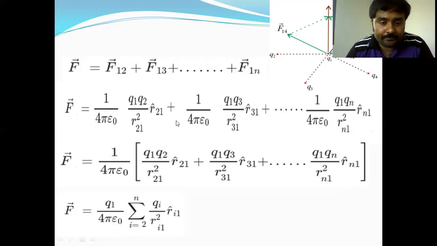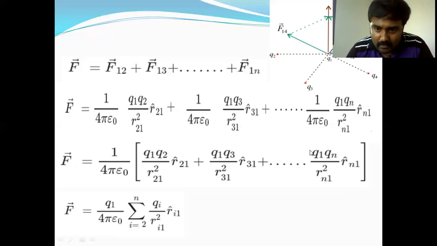Now in this equation, 1 divided by 4 pi epsilon naught is common, so it is taken outside. Then we get Q1 Q2 divided by R21 square, R21 cap, plus Q1 Q3 divided by R31 square, R31 cap, plus so on up to Q1 Qn divided by Rn1 square, Rn1 cap.